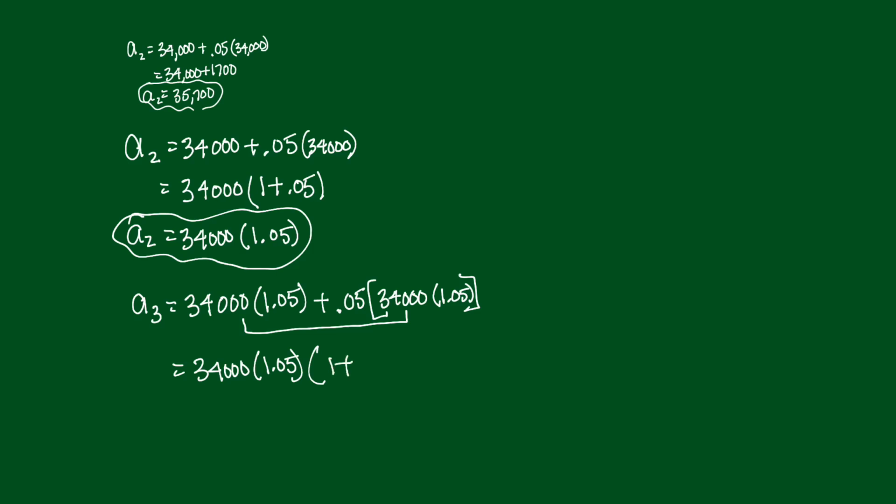Plus, now, here's that 34,000 times 1.05. If I remove it, what's left is 0.05. So now look at this. This is 34,000 times 1.05 times another 1.05, but I'm going to write that as 34,000 times 1.05 squared. That's A sub 3.